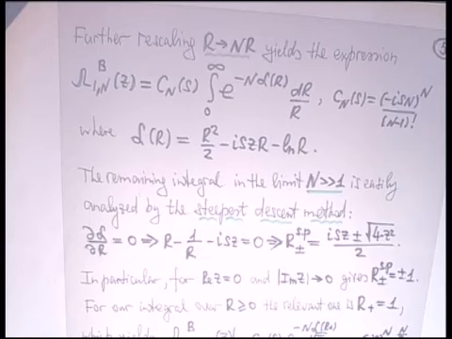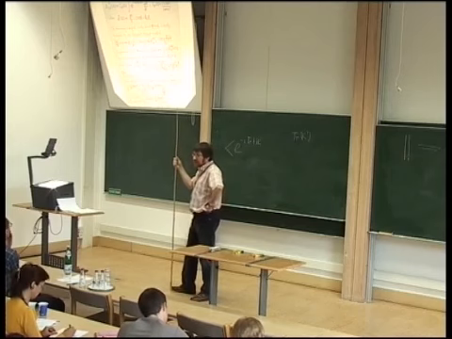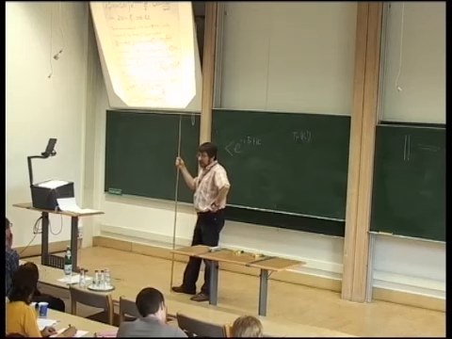Now, for finite n, we cannot do better. It's just the answer. We can try to perform this integral explicitly if you wish, and in fact it can be related to some transforms of Hermite polynomials, but we are not that much interested in that.